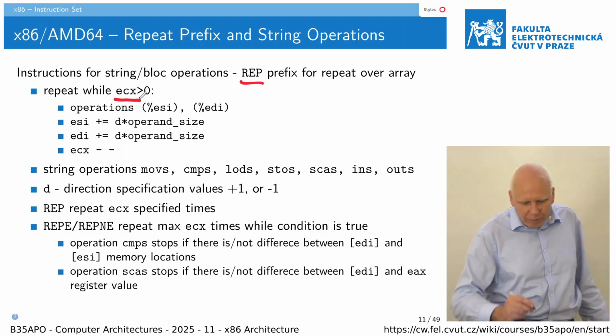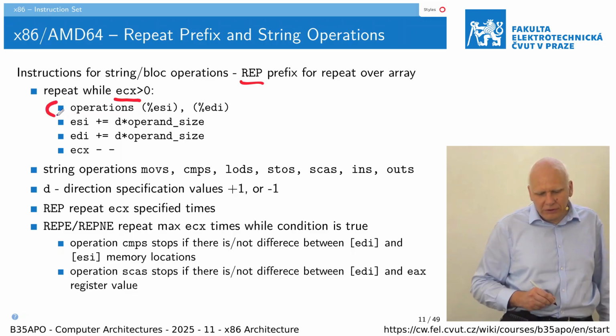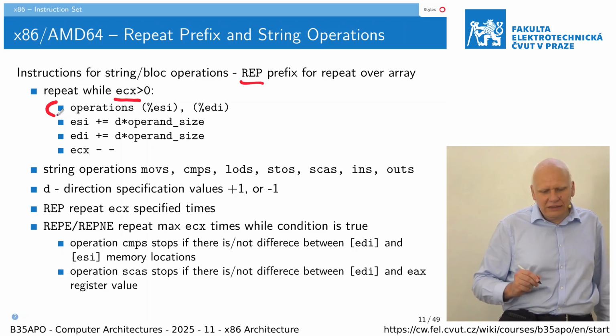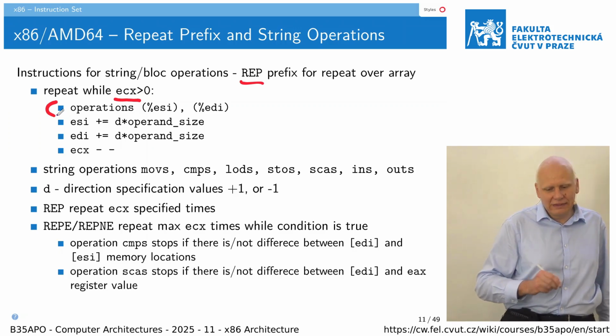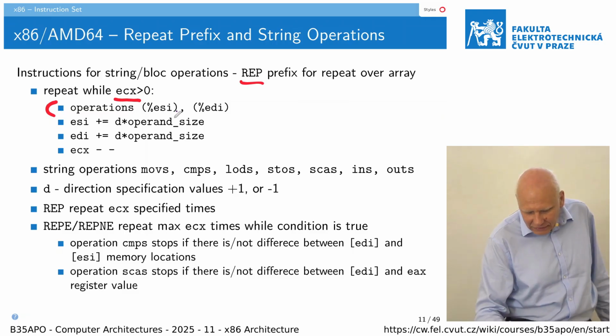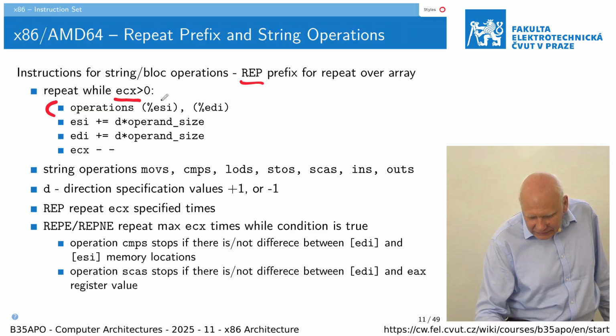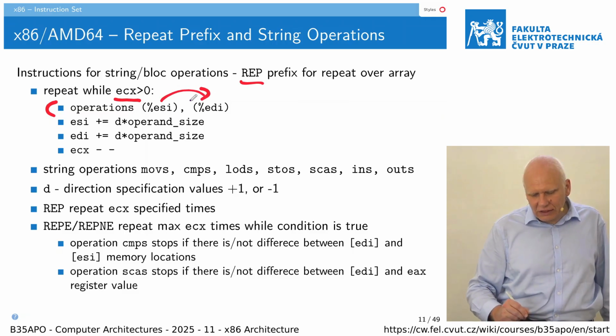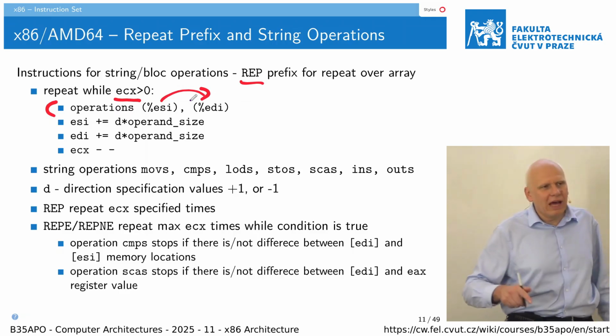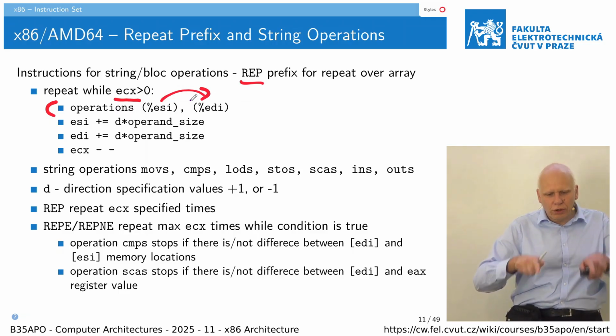And if you provide the operation which should be processed, then that operation has implicit addressing, where there is a source index and destination index register, and the operation is applied to the memory at those two locations.